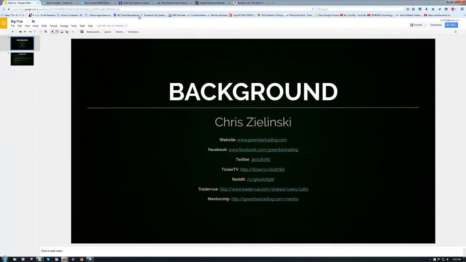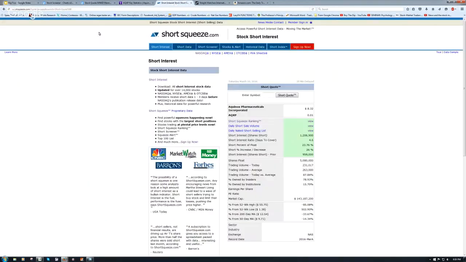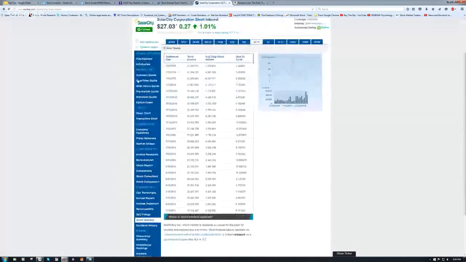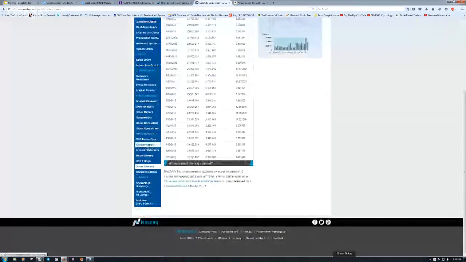This gentleman would like to know one more time how to find short interest on Nasdaq.com. All you do is go to Nasdaq, and you'll have this ticker box at the top, and just type in the symbol right there. And then over here on the left-hand side, click on short interest.